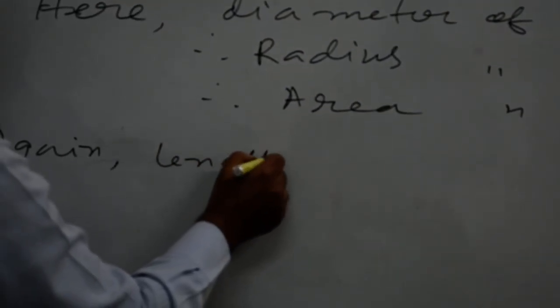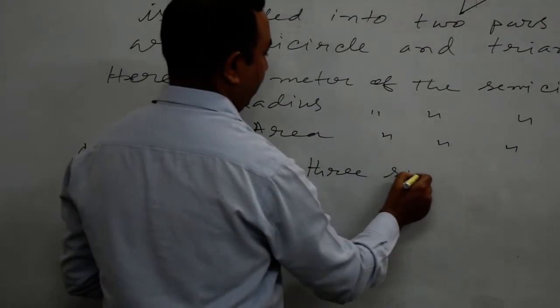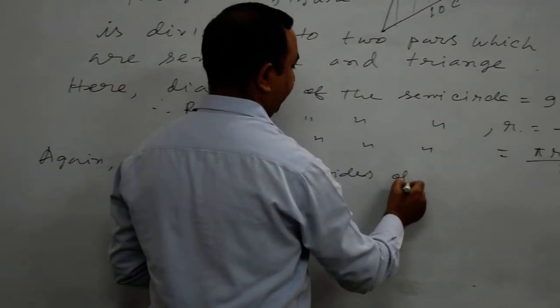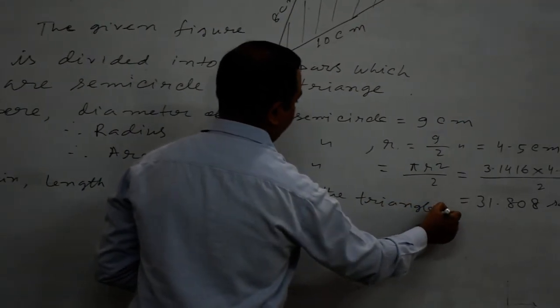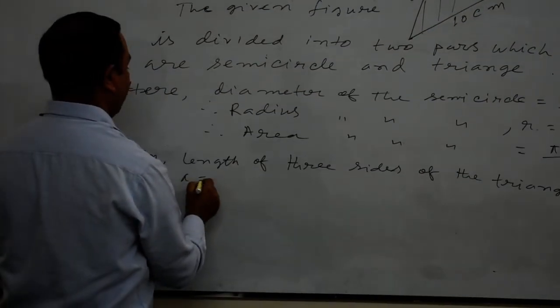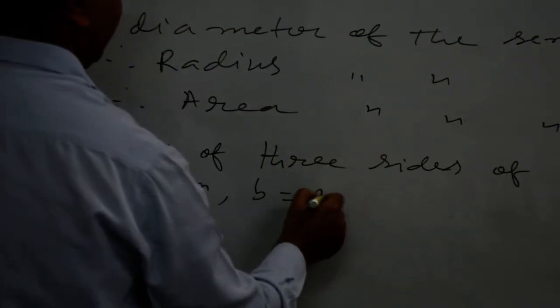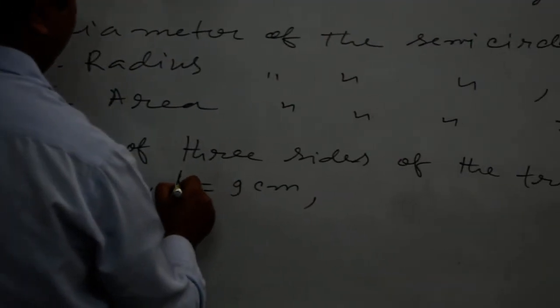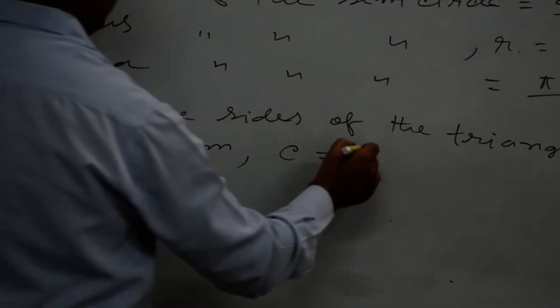And the length of 3 sides of the triangle, if you indicate by A, B, C like this, A equal to 10 centimeter, B equal to 9 centimeter, and C equal to 8 centimeter.